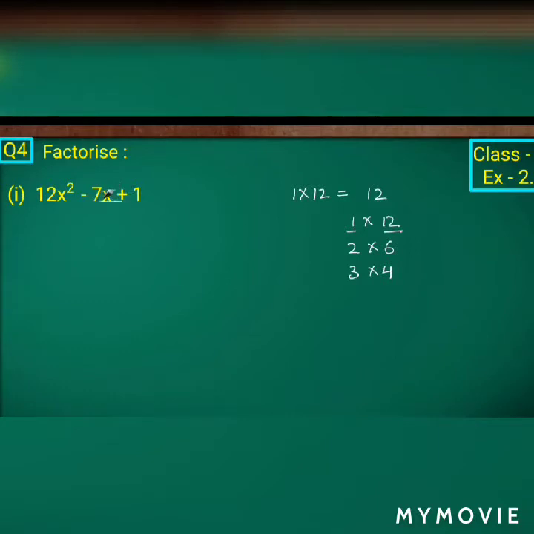If you observe here, the value of b is minus 7. Is it possible to get it in terms of 12 and 1?